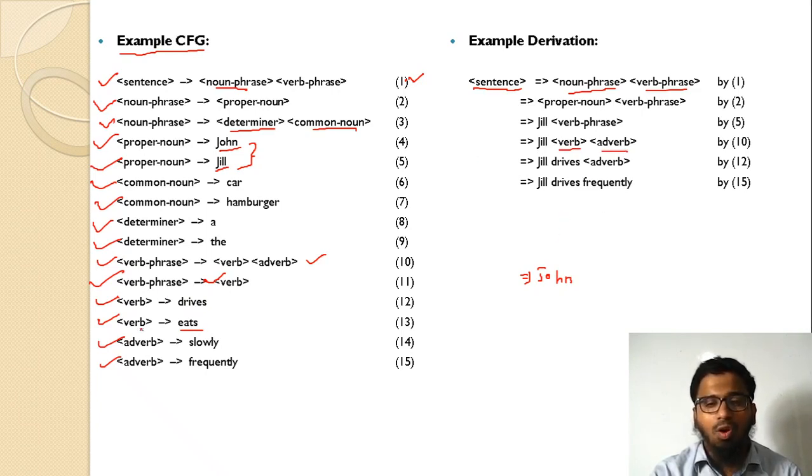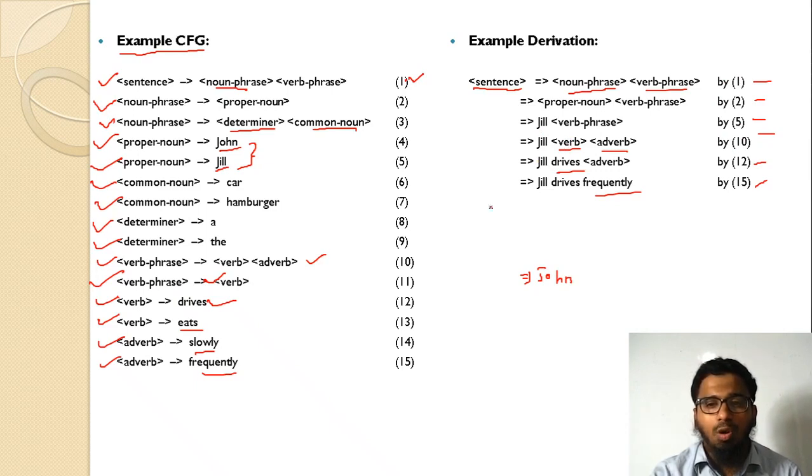And what is verb? In the verb you can take any one of these. So here it is taking drive. Adverb you can take slowly or frequently. So it is taking frequently. The equations it is taking are written here: by 15, by 12, by 10, by 5, by 2, by 1.